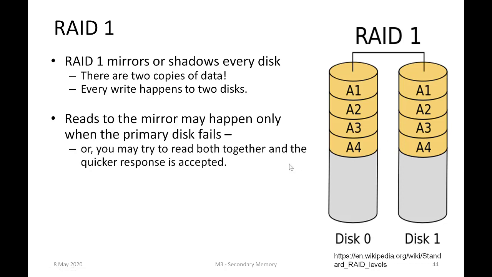Otherwise, to get a little better performance, if the host has requested A1 and A2, we can send a request to disk 0 for A1 and disk 1 for A2. So again, there is a slight improvement with the throughput of data access.